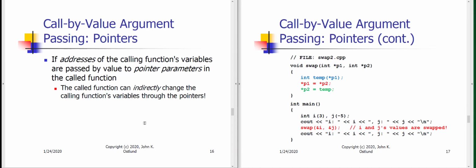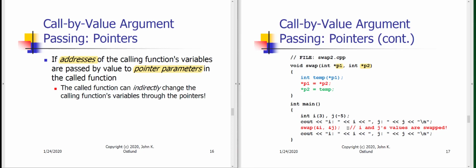Okay, so what we're going to do, instead of passing copies of the values of a couple of variables, we're going to pass copies of the addresses of those variables. And we're going to have pointer parameters in the called function. This is a different implementation of the swap function to receive these addresses that we're passing.